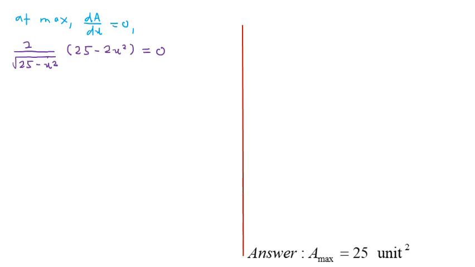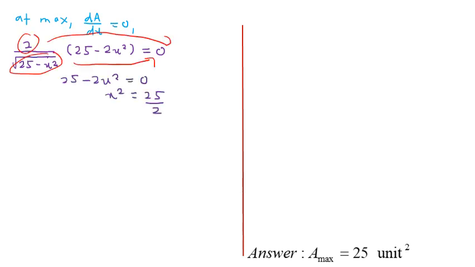Then we bring sec of 25 minus x squared to the right hand side, so 0 multiplied with that will become 0. Also 0 divided by 2 is also 0, so we can simplify and we get 25 minus 2x squared equals 0. Also, after we bring down all the coefficients, we get x squared equals 25 over 2.